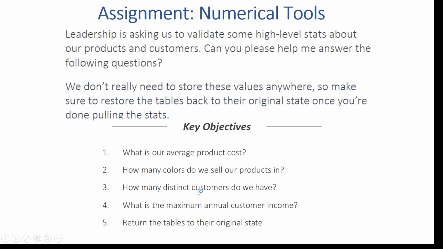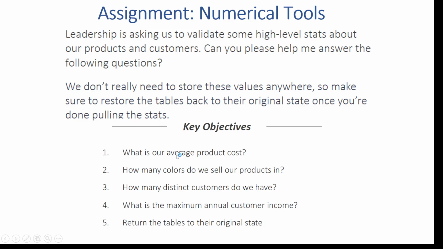How many distinct customers do we have? Maximum annual customer income. Return the table to its original state. So if someone asks these questions, you can go quickly and give the answer. We don't really need to store these values anywhere. So make sure to return the table to its original state once you are done pulling the stats.